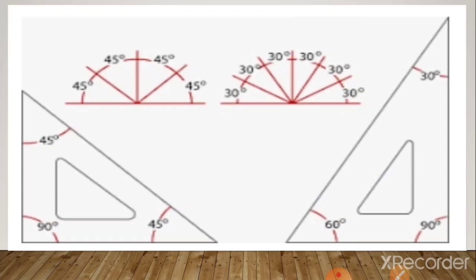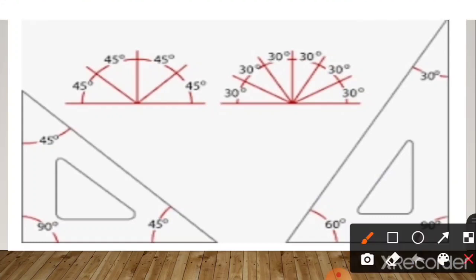Now the question asked here is: do they have any angle measure that is common? Just check in these two, is there any angle which is common to both? You can see 90 degrees on the first set square, and 90 degrees on the second set square also, right?